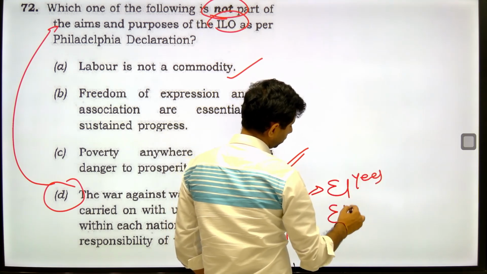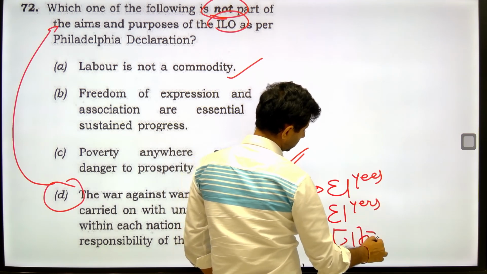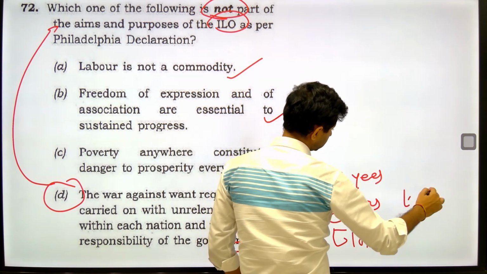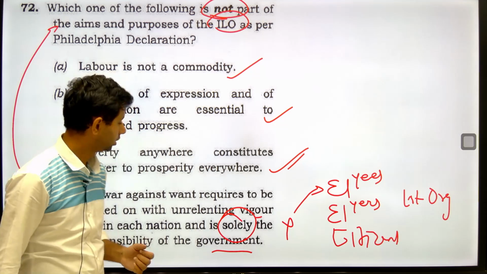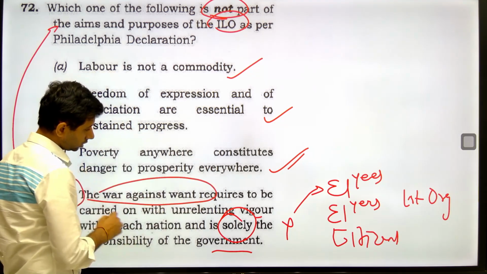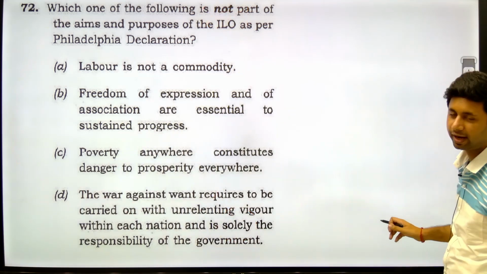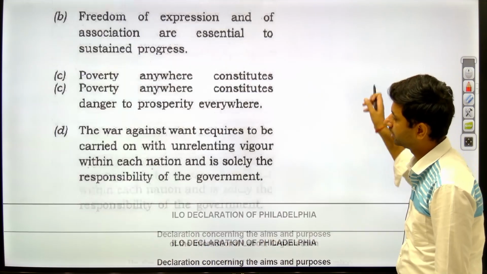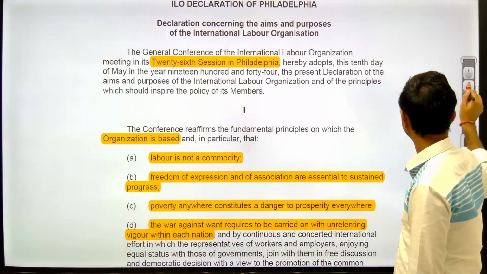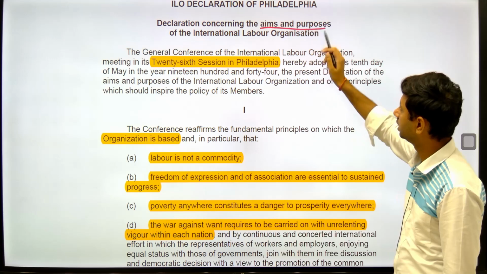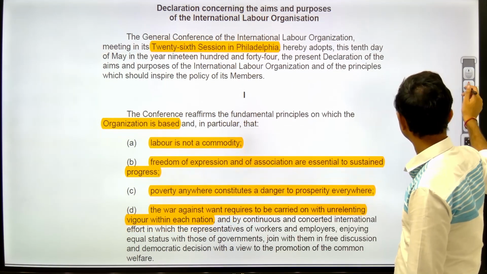Employees, employers, citizens, international organizations, everyone has the duty to fight against want. Okay, now let's see what was the exact text of the Philadelphia Declaration. So this was the ILO Declaration of Philadelphia, which actually concerns the aims and purposes of the International Labour Organization. So learn this.